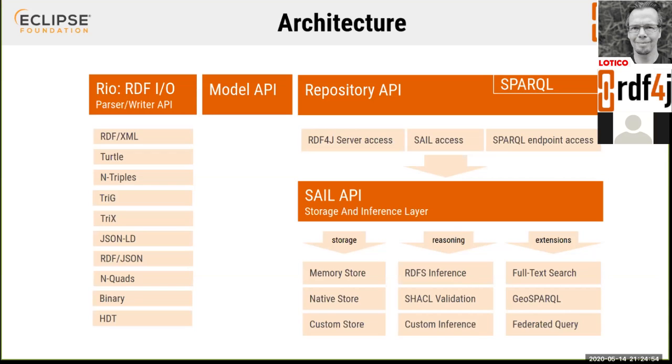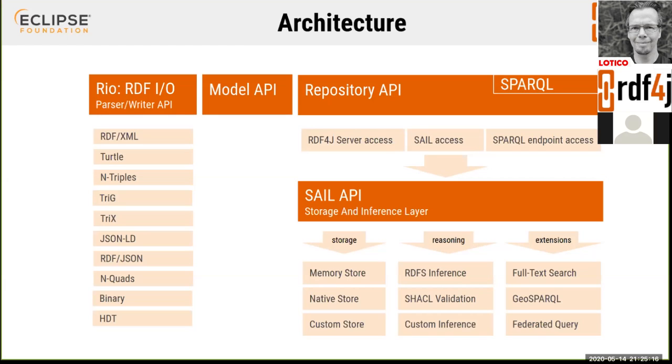So it offers various implementations for particular data stores. So there's the memory store and the native store, which are databases that RDF4J supports out of the box. But any kind of custom store can be in there as well. So as an example, Ontotext GraphDB, for example, is a Sail implementation.